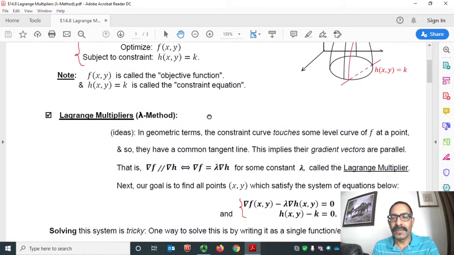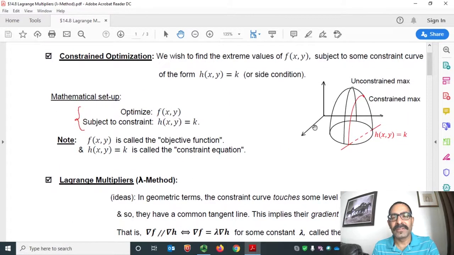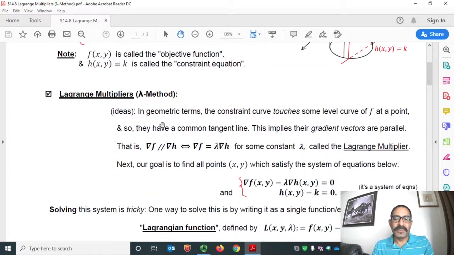In geometric terms, let me go back again to this diagram. This constraint curve touches some level curve of this surface, and at that point of tangency, the tangent vectors of the constraint curve and the level curve are the same. So they have a common tangent line.